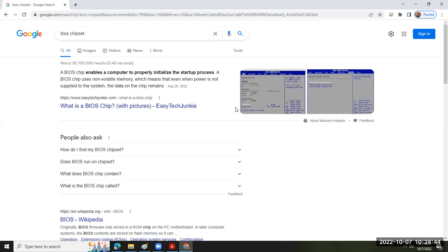And it basically says, is this good? Check. Is this good? Check. Is this good? No. Might not be connected, right? It enables a computer to properly initialize the startup process. Now, you can enter a setup access utility, which is called the BIOS setup. Sometimes BIOS is referred to as firmware.